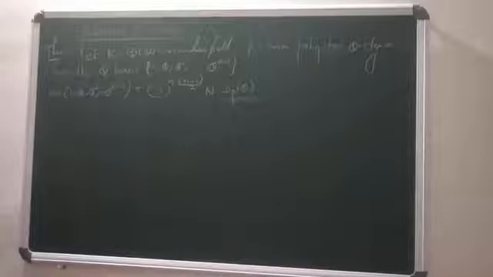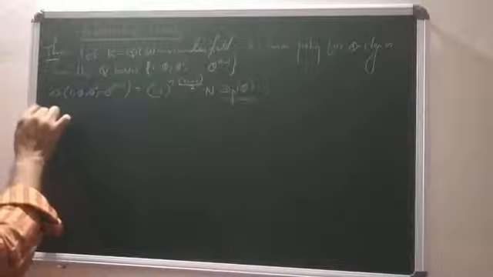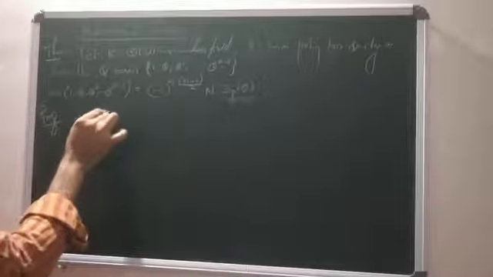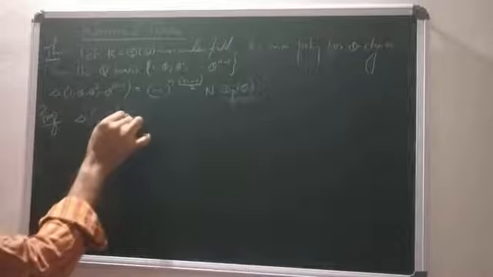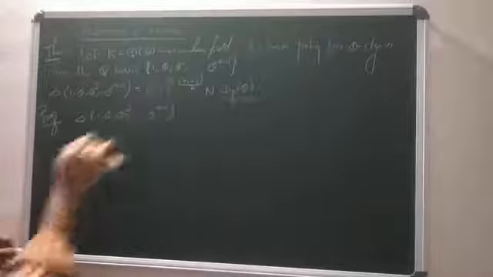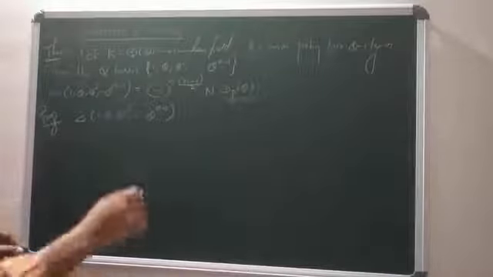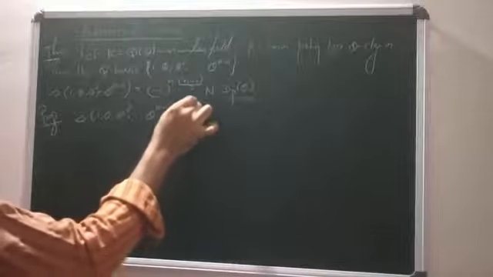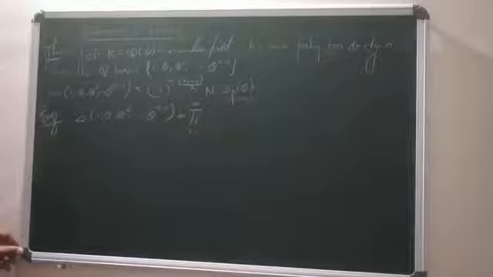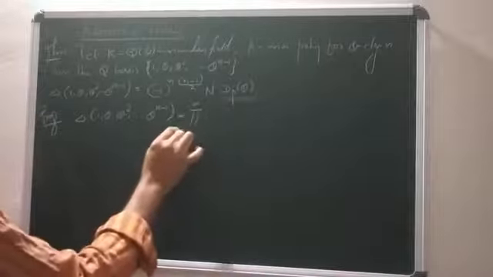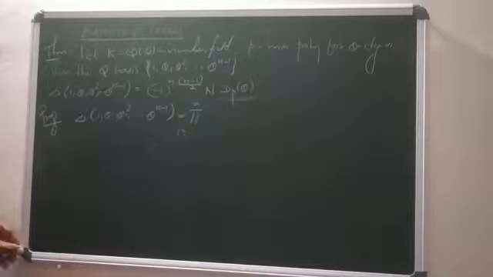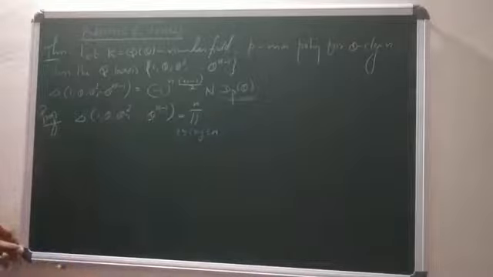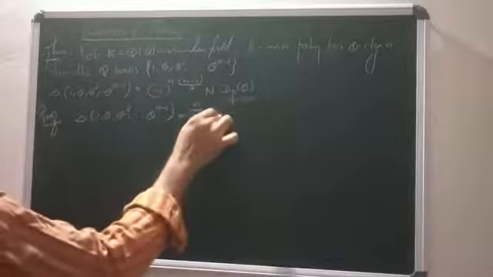How to prove this one? We know that, what is the discriminant of 1, theta, theta square, etc., theta to the power n minus 1? We know that this discriminant, by the Vandermonde determinant, is the product over 1 less than or equal to i, less than j, less than or equal to n, of theta i minus theta j whole square.